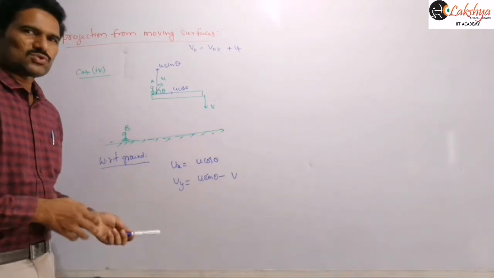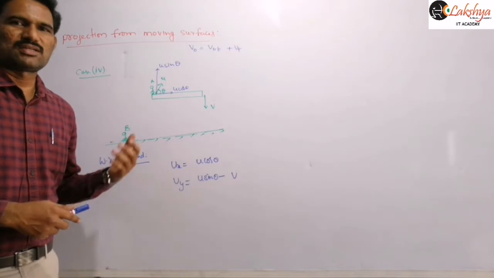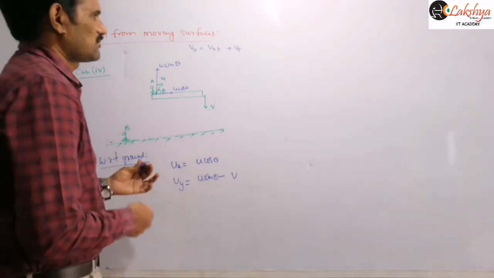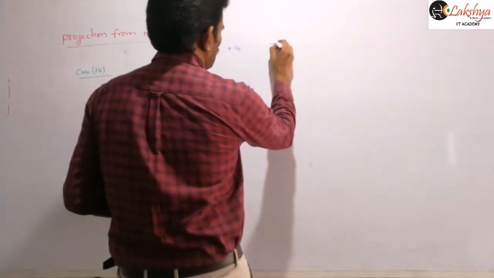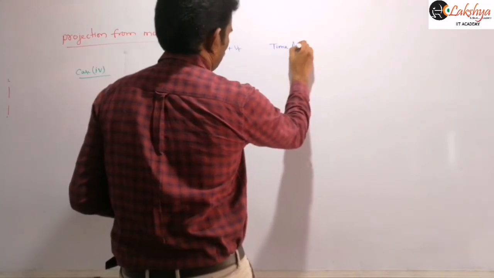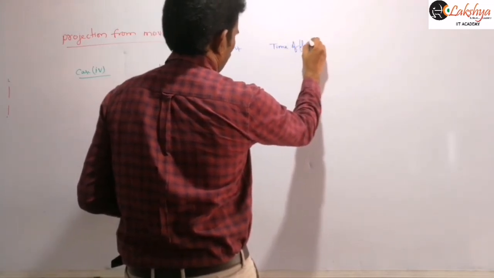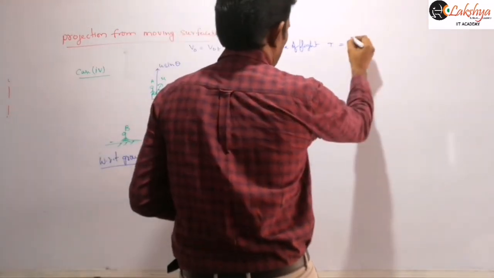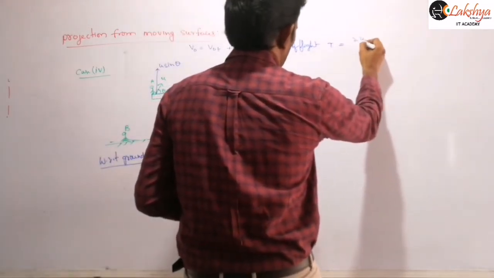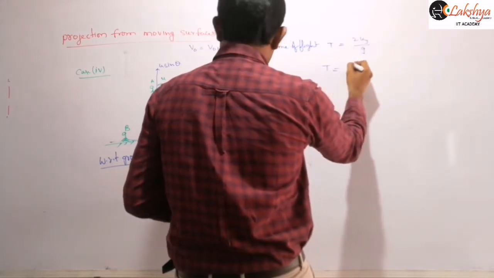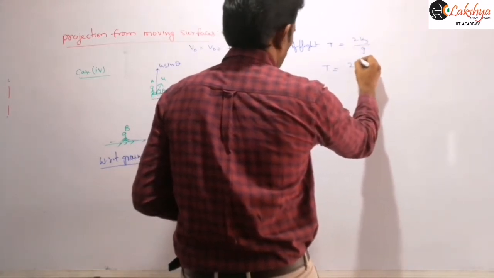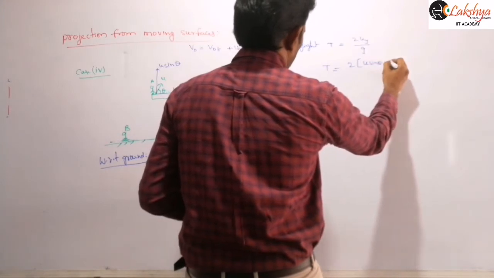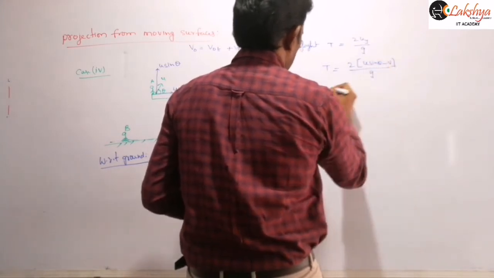And again, if you know these two values, you can write the time of flight and range expressions here. So the time of flight t, you can write as 2 uy by g. So uy is nothing but u sin theta minus v, so t is 2 of u sin theta minus v by g.